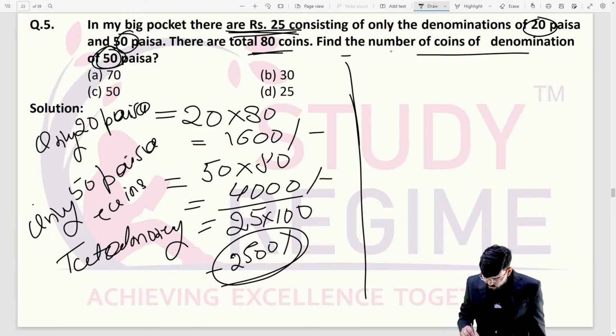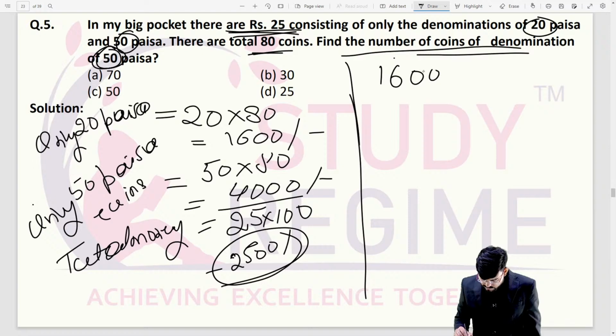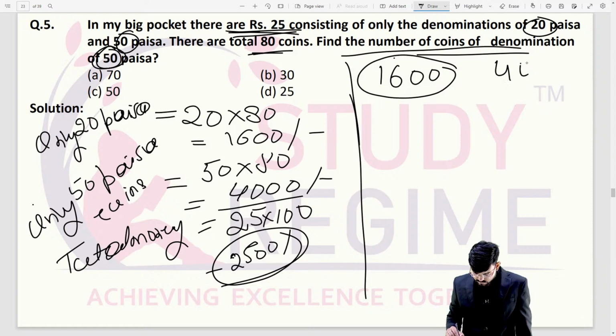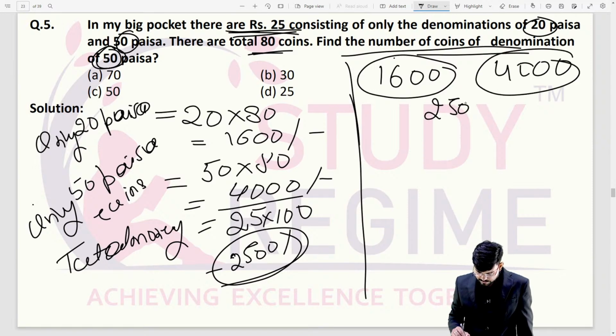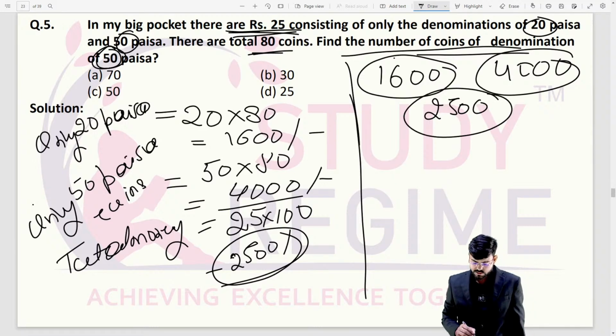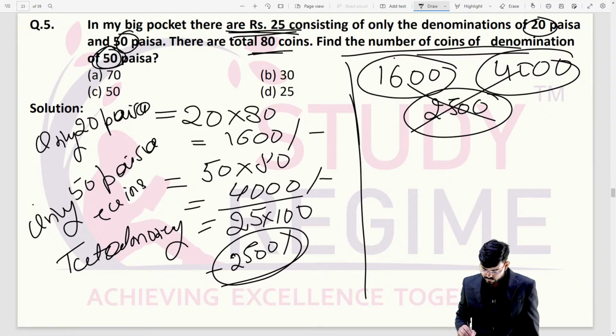I can put this question like this: if I mix 20 paisa denominations, 1600, with 4000, here I have 2500, the mixture. Subtract these values, you will get how much? Here I will get 1500 and here I will get 900.